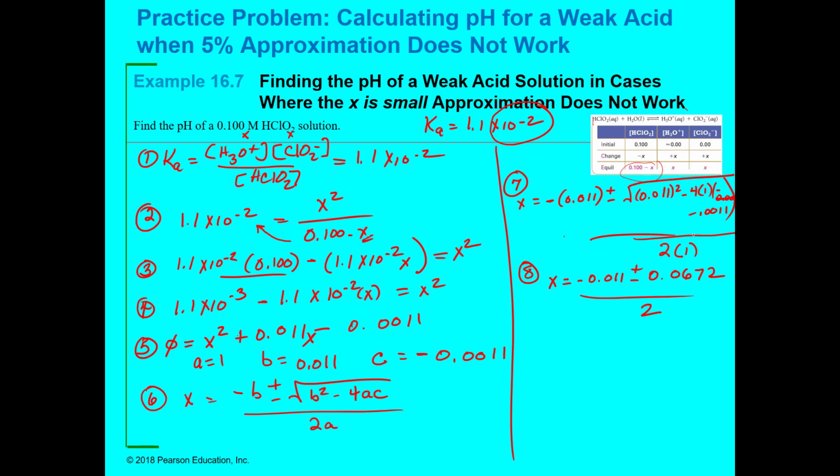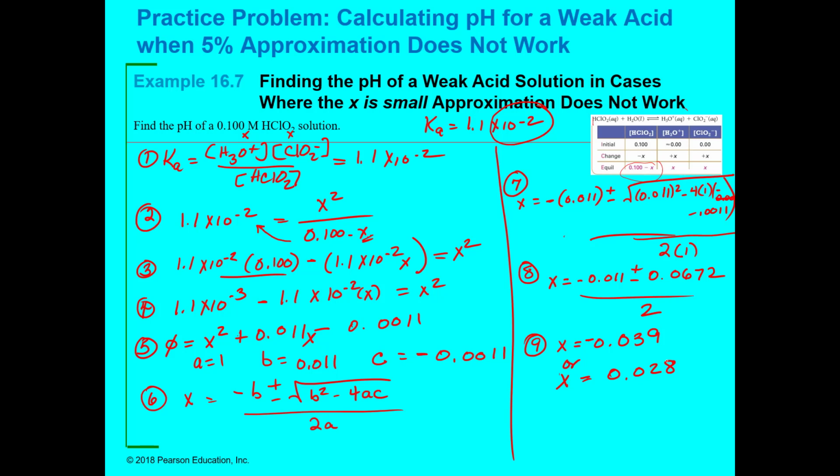So I do one of them adding and one of them subtracting. So one of my x's comes out to 0.039, and it's a negative, or x is equal to 0.028.